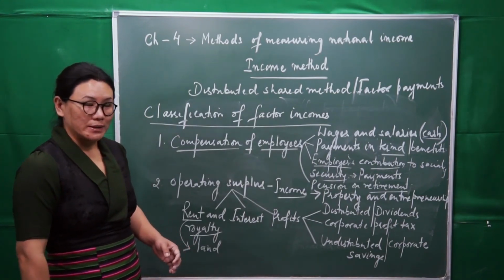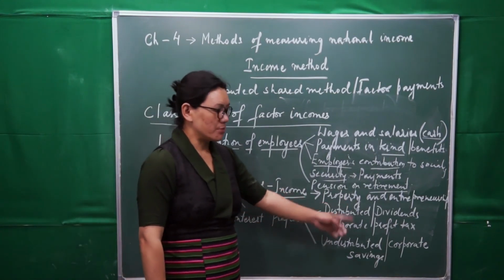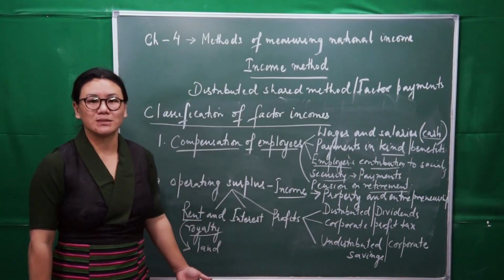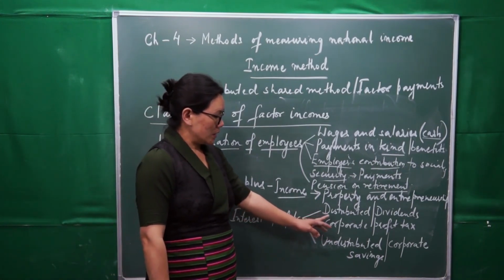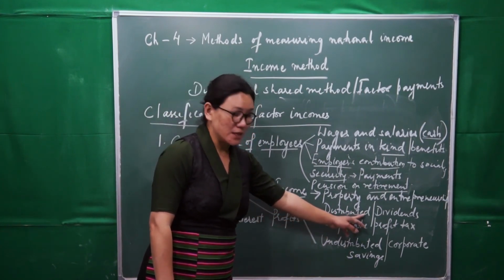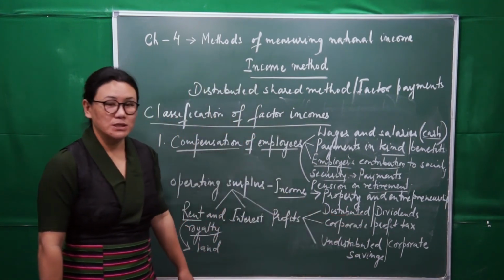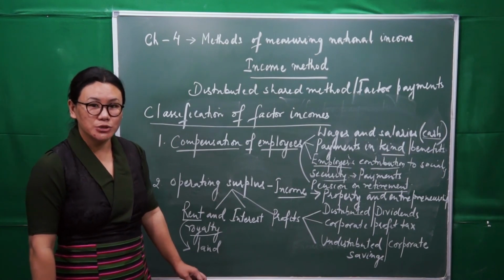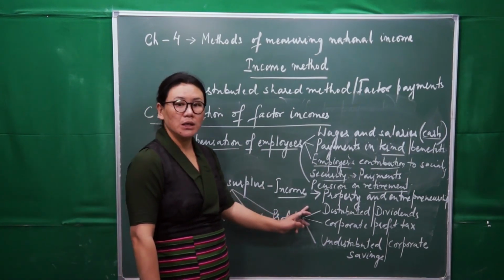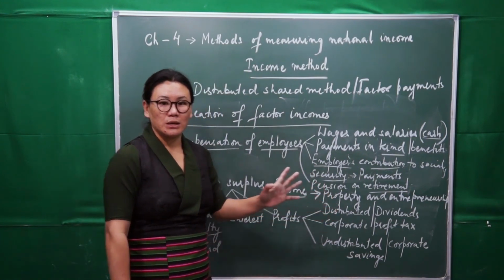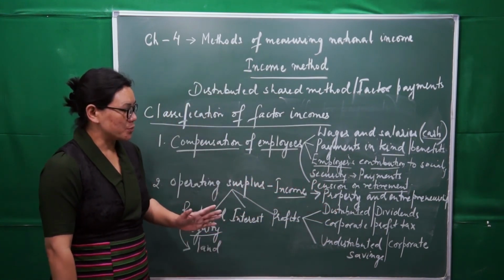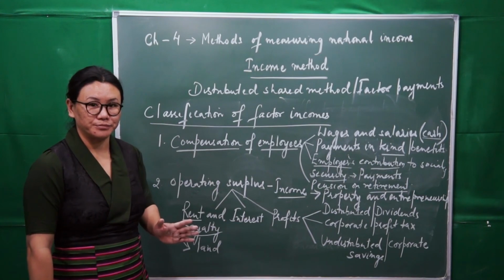Now, the first one is distributed profits. So, what is this distributed profits? As this word says, profits which are distributed among the shareholders are called distributed profits.